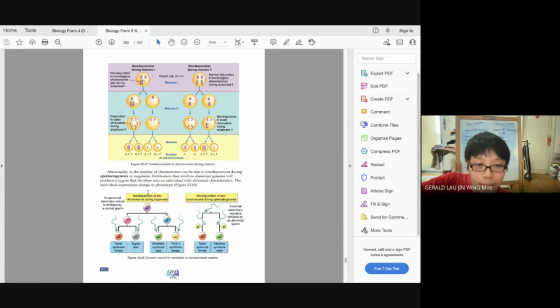Non-disjunction, kalau XX, let's say for example, satu gamete tiada kromosom. Satu gamete ada double chromosome. So, kalau fertilized by sperm, dia akan produce Turner syndrome female.